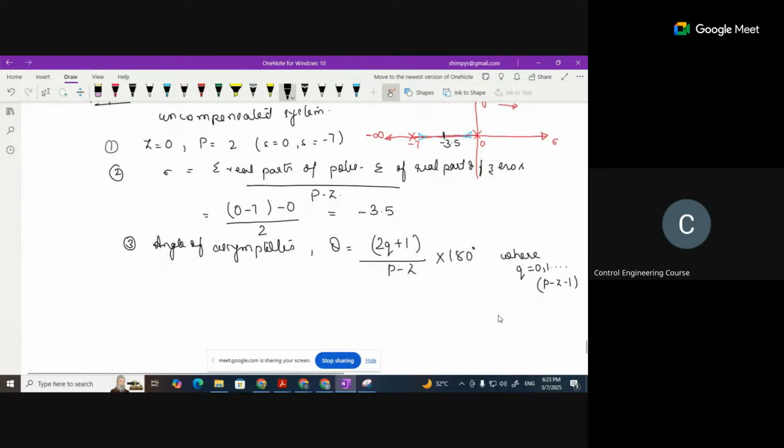So now if I put p as 2, z as 0, p minus z minus 1 will be 1, right? So I'll be taking two values here, 0 and 1. What will be the value of theta 1? If I put 0 here, that will be 1 by 2 into 180, that will be 90 degrees. And the next value will be 3 divided by 2 into 180, that will give me 270 degrees, right? Clear up till here?